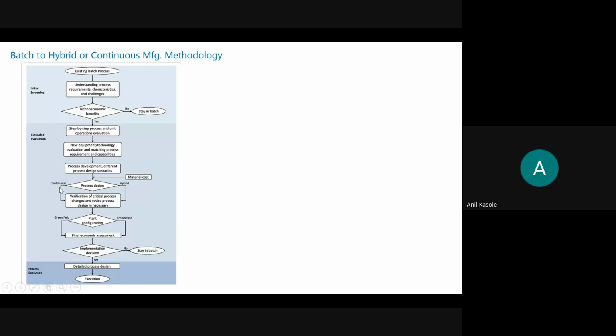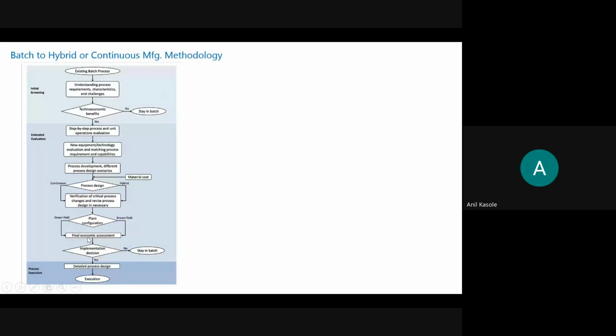If we want to go with continuous, that is the objective, yes. Then what will be the critical process changes, meaning what will impact the product quality. Then do we need to invest in a new plant, yes or no? Whether we need a greenfield, a new manufacturing facility, or can we build this plant within the current setup, that is a brownfield.